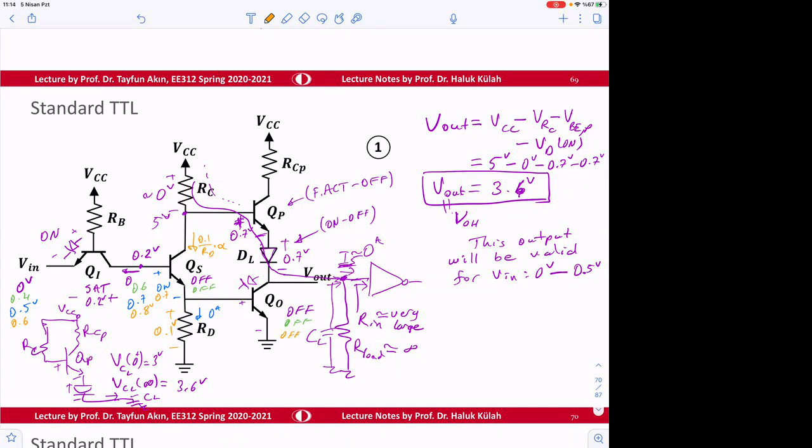Okay, but due to this, there will be a voltage drop here. So V out is going to be equal to 5 minus RC times IRC minus 0.7 minus 0.7 volt. So output is going to be 3.6 volt minus RC times IRC. What about IRC?